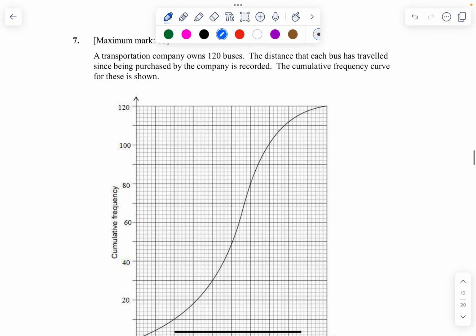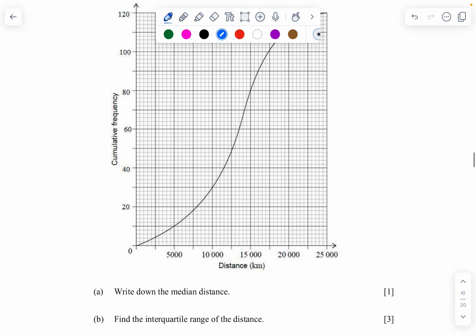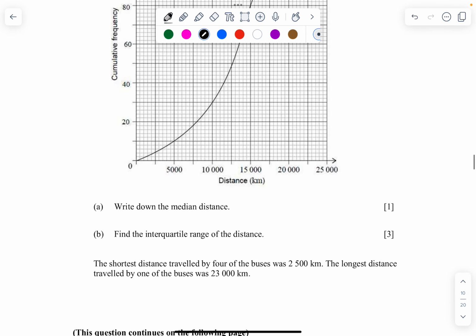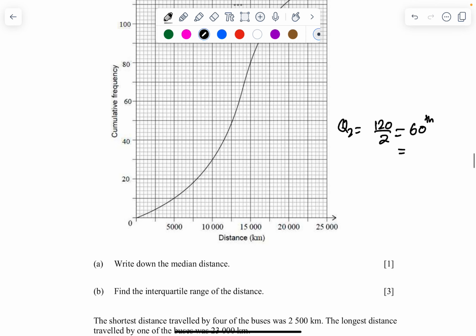Question number 7. A transportation company owns 120 buses. The distance traveled is being shown. Find the median. So 120. For the median, denoted by Q2, 120 divided by 2 is going to be nothing but what? 60th observation. So from 60, draw a line, hit the graph and drop it down.